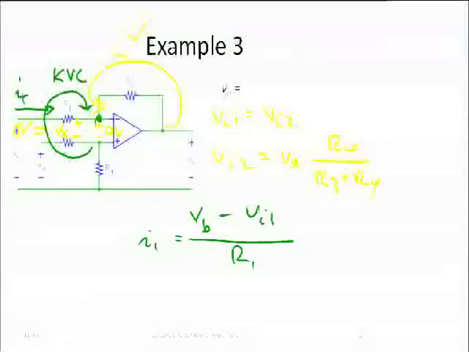And finally we have the voltage here. That voltage is Vout. Vout minus Vi1, which happens to be equal to Vi2, is equal to minus I1 times R2.